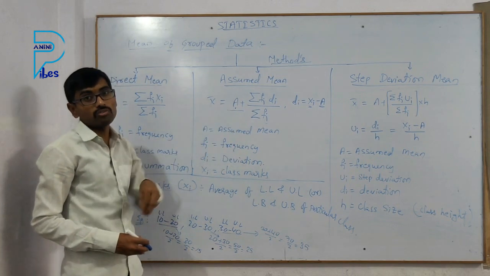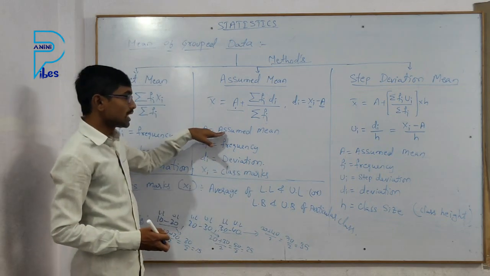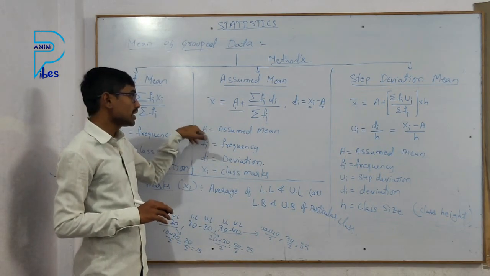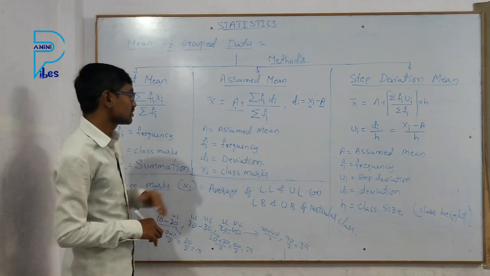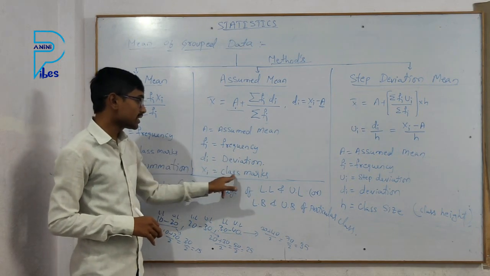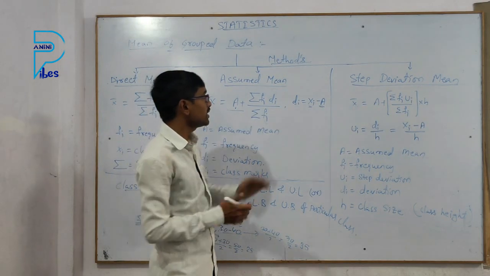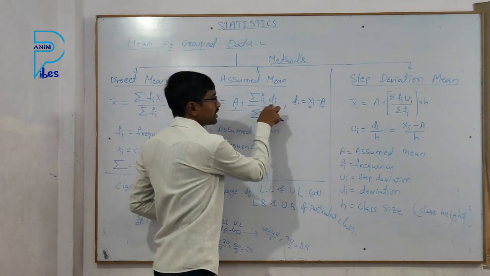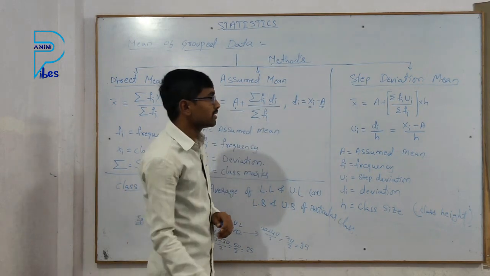First of all, we will assume the answer previously. So A is assumed mean, Fi is frequency, Di is deviation, and Xi is class marks. The formula of deviation Di is Xi minus A. So this is separate. In the place of deviation we have to substitute Xi minus A.